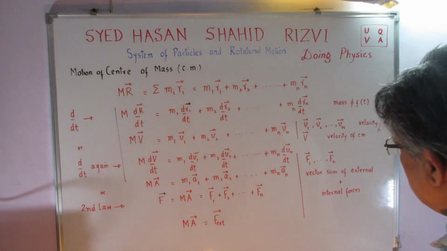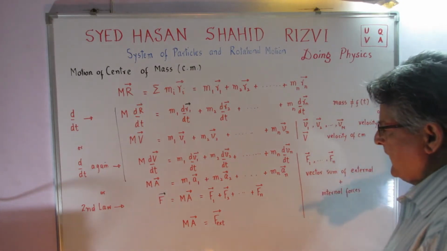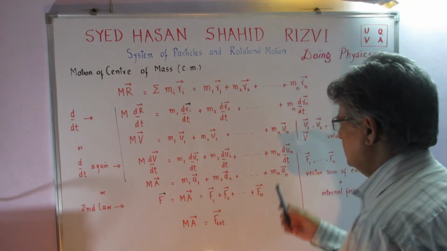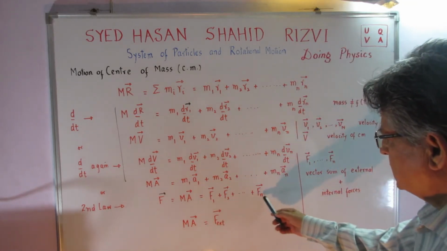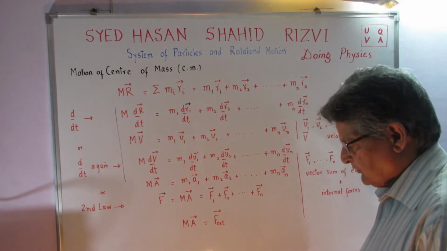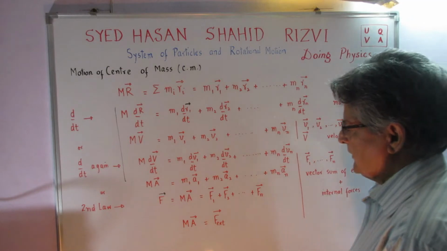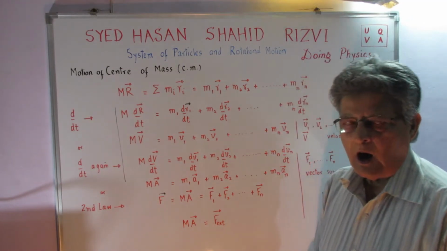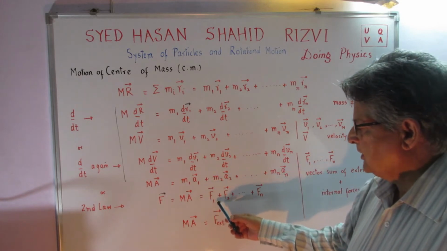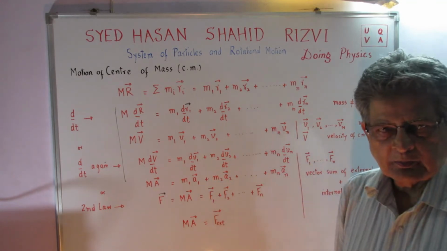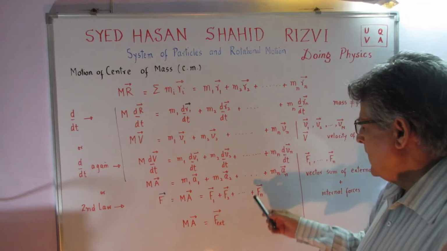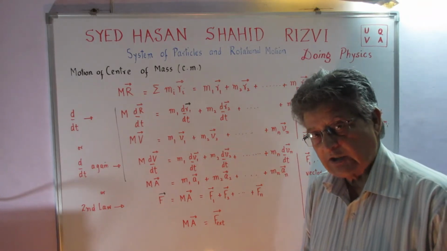Here, the F1, F2, Fn which I have written over here, each of them is a sum of all the forces acting on the particle of mass m1, all the forces acting on the particle m2, internal as well as external.